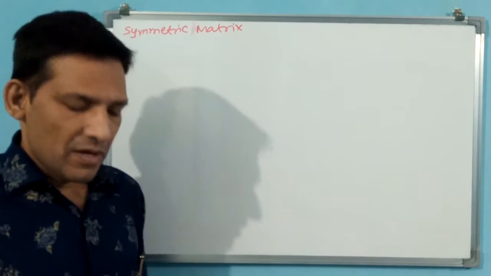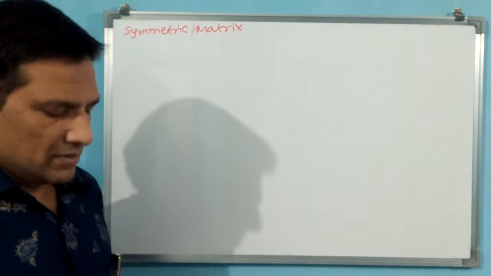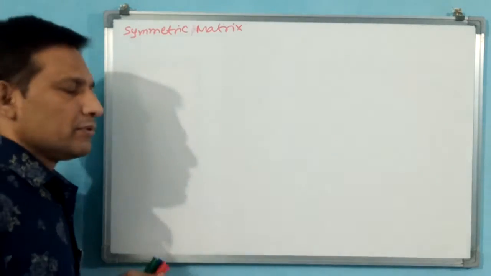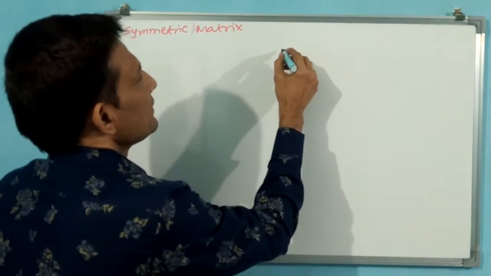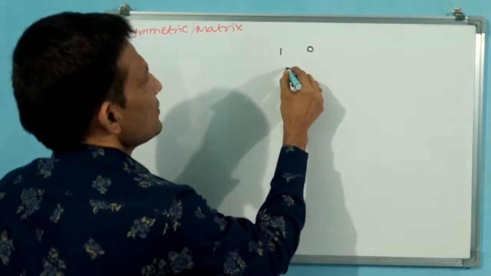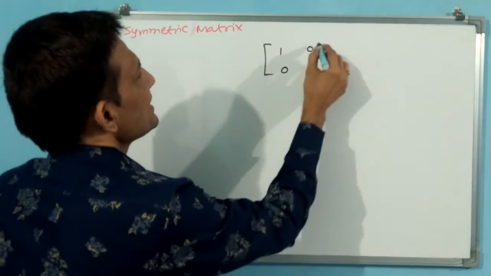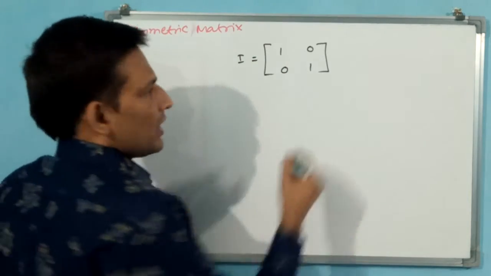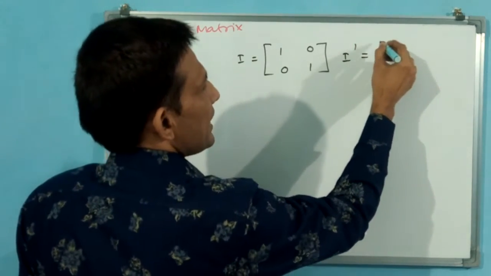Symmetric matrix. What is symmetric matrix? Before the definition, I am giving one example. Okay, you see here 1 0 0 1. What is this? This is I. Okay, now I transpose this, I dash.